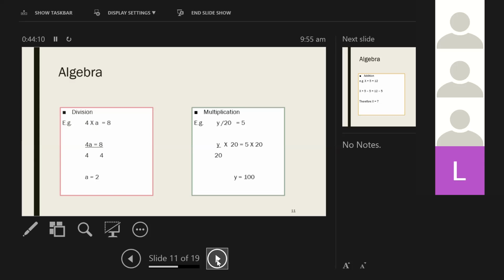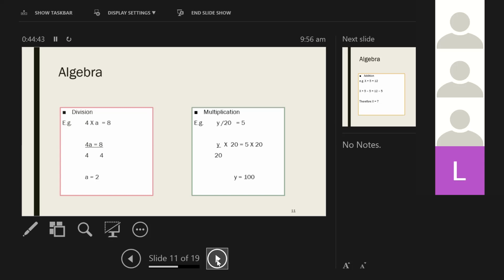There are different ways of writing this. You can write 4 times A equals 8, but in algebra we hardly make use of the times sign. You just take the times sign away and put the 4 and the A together, and mathematically that makes sense. So it's 4A equals 8, or you can say 4 open bracket A close bracket equals 8.